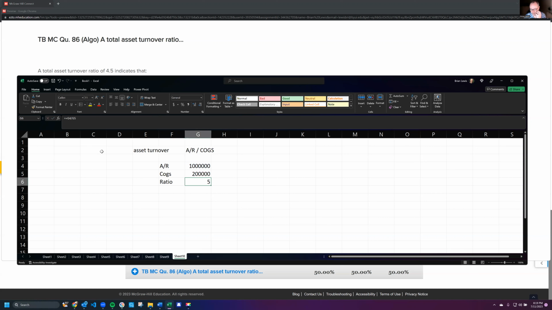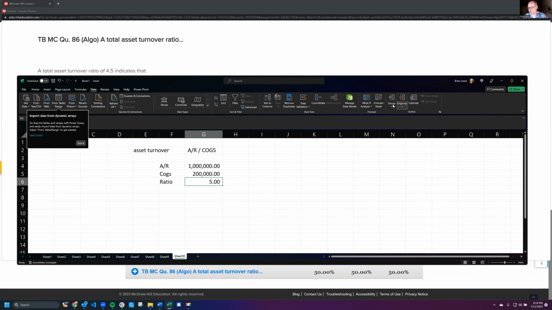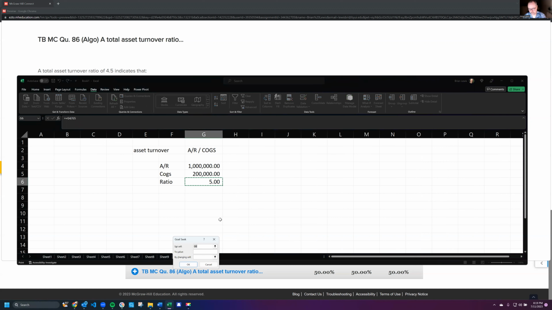And if I want this to be something similar to what they have, let's make this 4.5. Data, goal seek to 4.5 by changing any one of these numbers, doesn't matter. There we go. Okay, so let's say it's something like that.